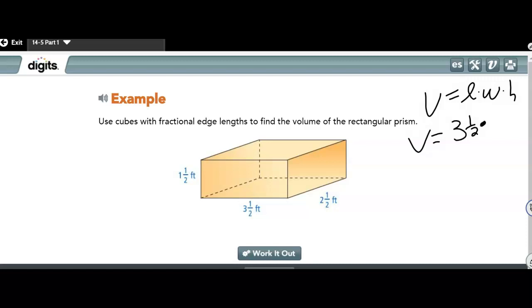Times the width. What is the width of this prism? Alex. 2 1/2. So type 2 1/2 in: 2 ABC 1 ABC 2, times the height. What is the height of this prism? Caden. 1 1/2. So then you type in 1 ABC 1 ABC 2.